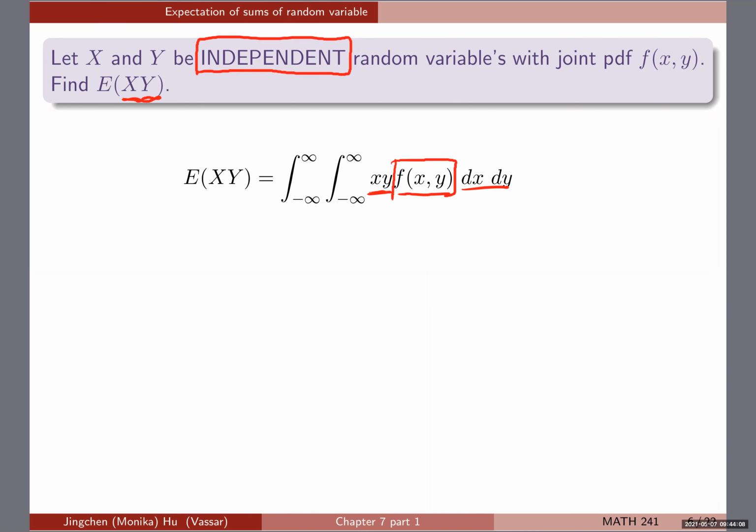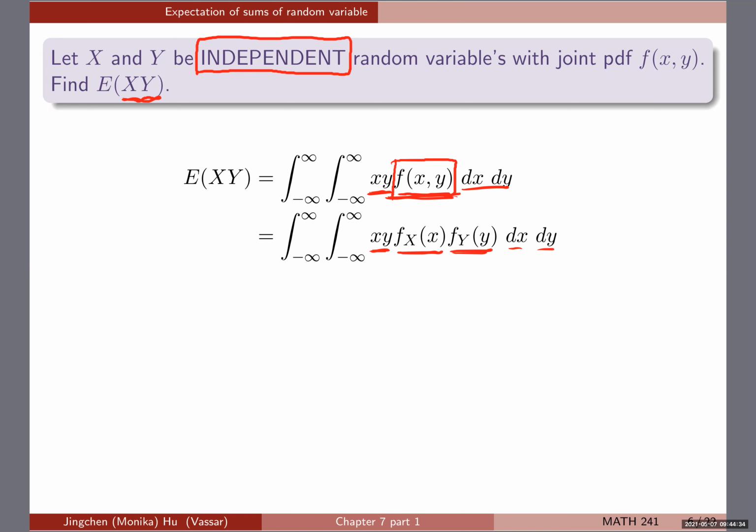If you remember, if two continuous random variables are independent, then their joint PDF is the product of the two marginals. It goes the same for the discrete case as well, but since here we're working with continuous random variables, we're going to do that one here. So that gives us the second step. We still keep our xy here, and our joint fxy becomes fx times fy.